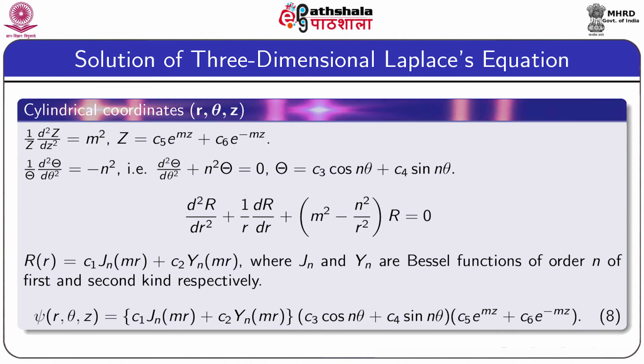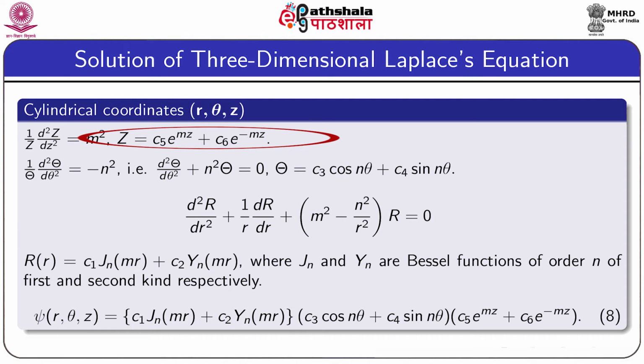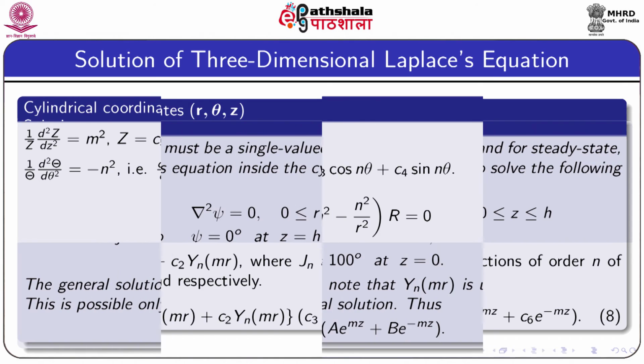Therefore, from the general solution, we can write the solution for this particular problem as ψ = C1 J0(mr) into (C5 e^(mz) + C6 e^(-mz)).